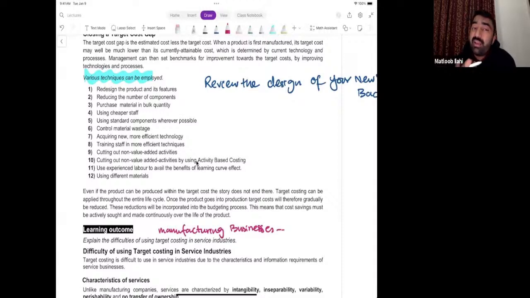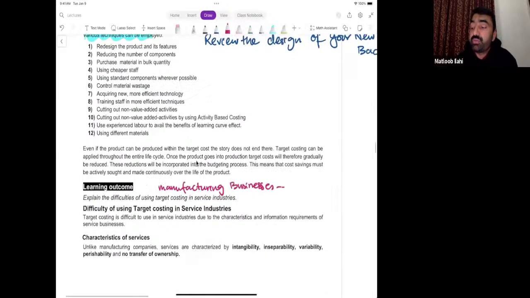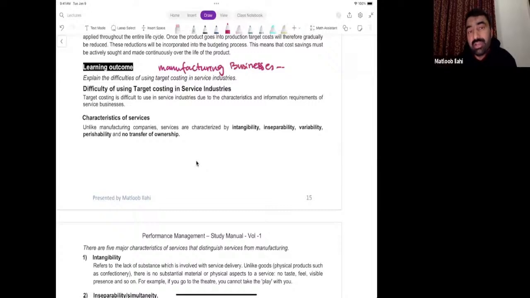Can we repeat all these measures in service organizations? First, we need to know the difference between service and manufacturing organizations. So for that, you need to know the characteristics of services.